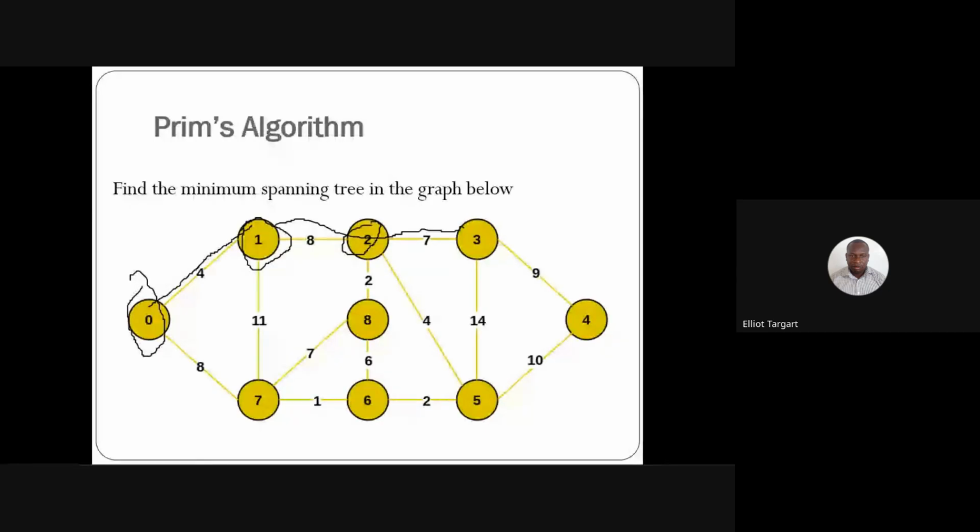We are on node 2. Then from node 2 we look at 2 to 3 and 2 to 8. The 8 is smaller, so we move to 8.